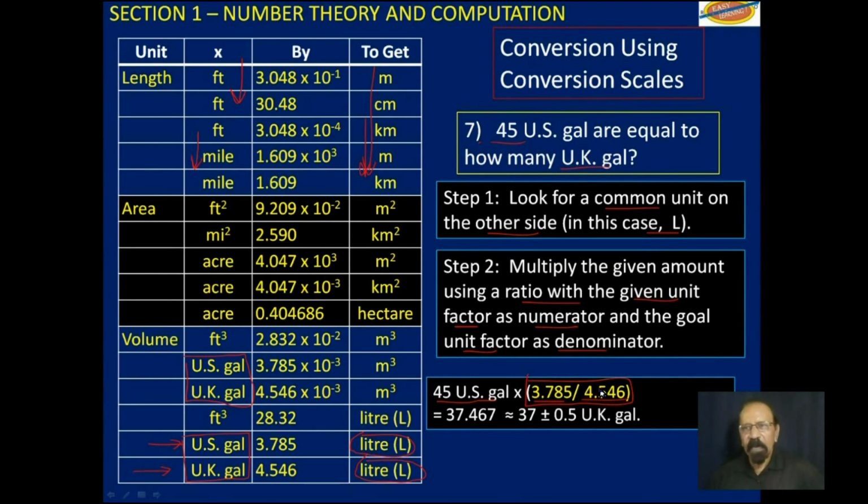We multiply that and notice that since it takes more liters to make 1 UK gallon than it does US gallon, then obviously this 45 US gallon will be less in UK gallon. And so we get this answer here. We are dealing with two significant figures. We round off at this position. So we get 37 plus or minus 0.5 UK gallon.